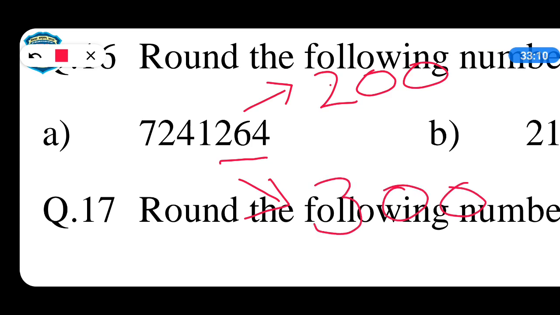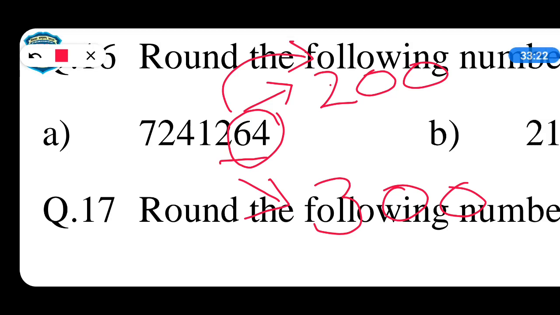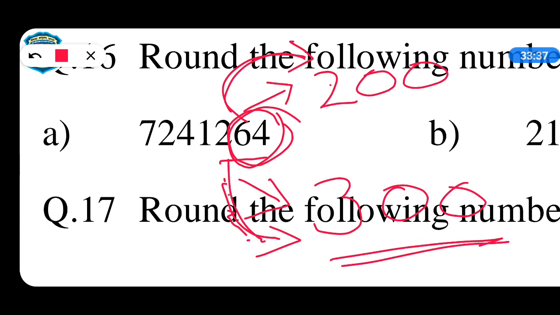So who will decide this? 64 will decide. The middle number should be 50. Now if it is lower than 50, then it will move to the 200, and if it is more than 50 or 50, then it will move to the next 100, right? Now it is 64. So just tell me, will it move to 100, 200 or 300? Yes, it will become 300, right? Decided?